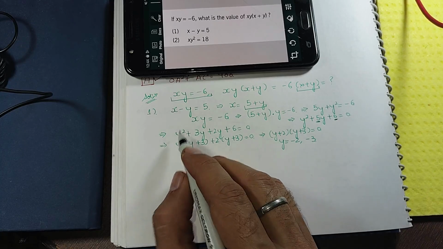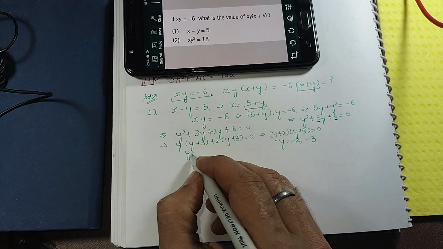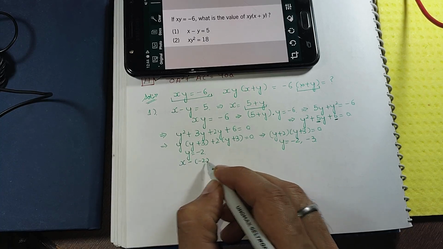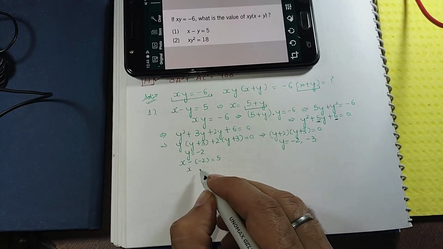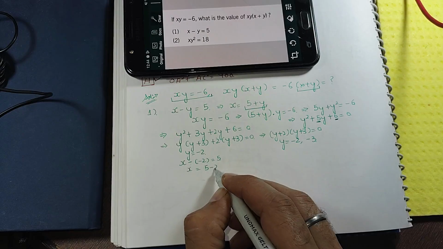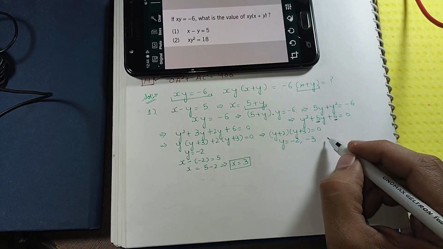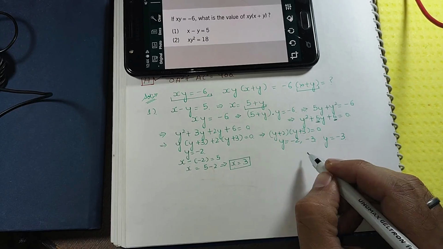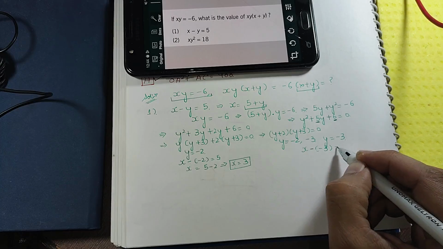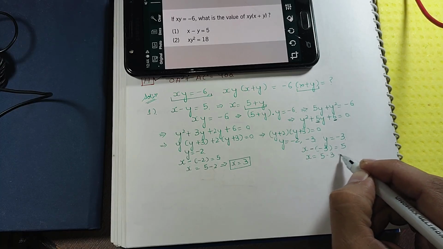Now since x minus y is equal to 5, putting both the values, if y is equal to minus 2, then x minus of minus 2 is equal to 5, or I can say x is equal to 5 minus 2, so this implies x is equal to 3, right? Now if I put the value of y to be minus 3, in that case x minus of minus 3 equal to 5, or I can say x is equal to 5 minus 3 equal to 2.